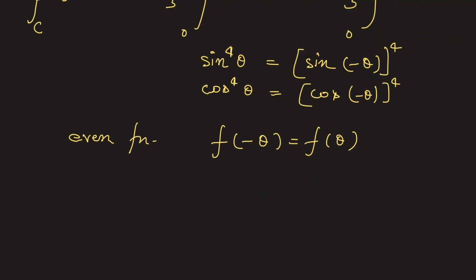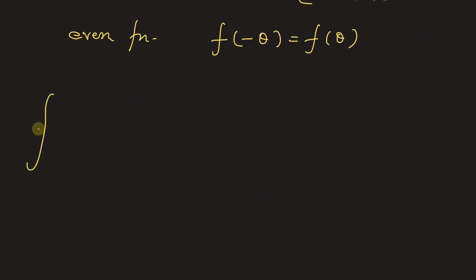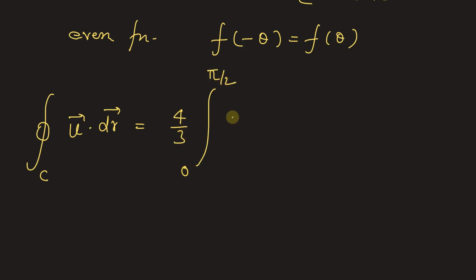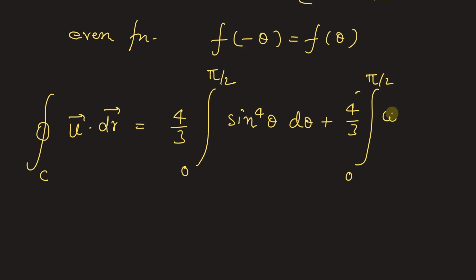So we can also write the above contour integral of u vector dot dr vector as 4 by 3 integral 0 to pi by 2 sine to the power of 4 theta d theta plus 4 by 3 integral 0 to pi by 2 cos to the power of 4 theta d theta.